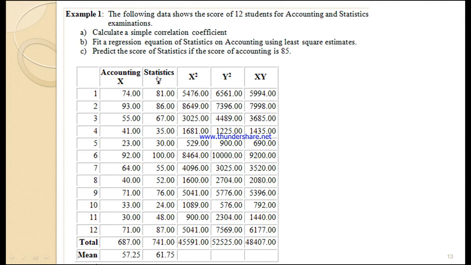The mean of the statistics examination results is computed by adding together the statistics results of 12 students and dividing by 12, which is about 61.75. Therefore, x bar is computed by dividing 687 by 12, and y bar is calculated by dividing 741 by 12.